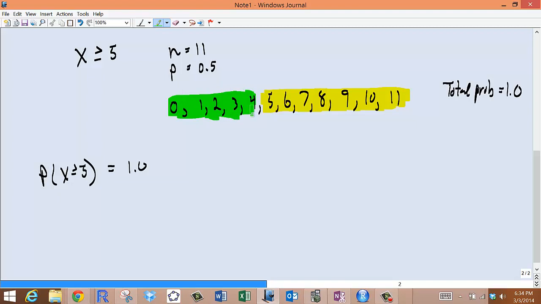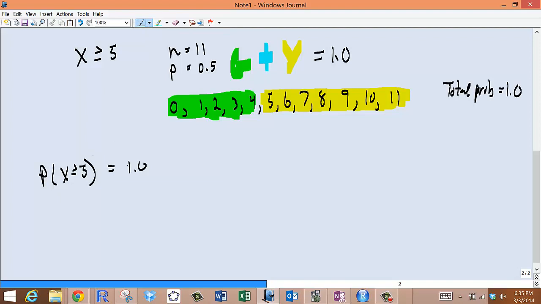Because remember, green plus yellow is equal to 1.